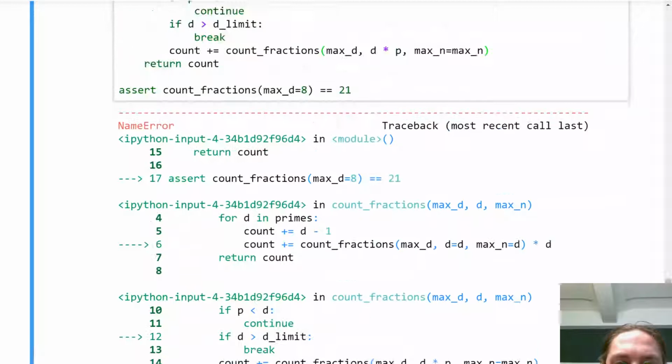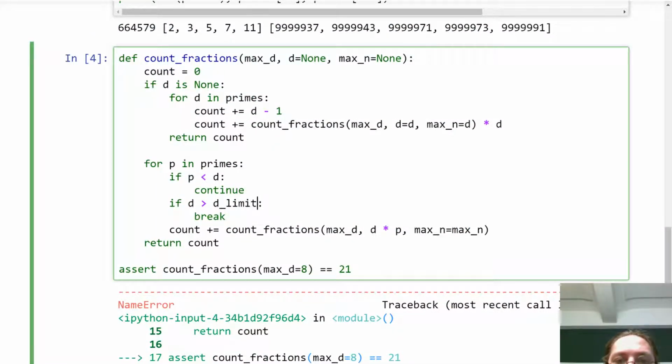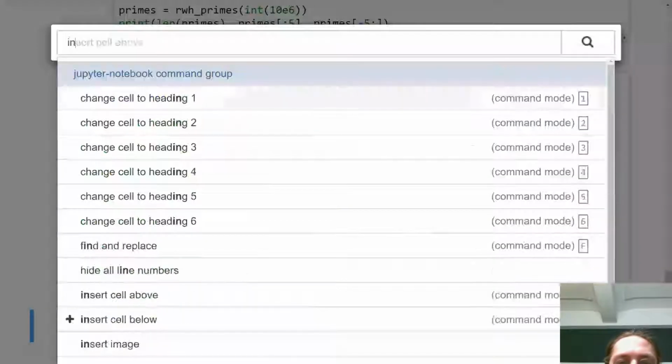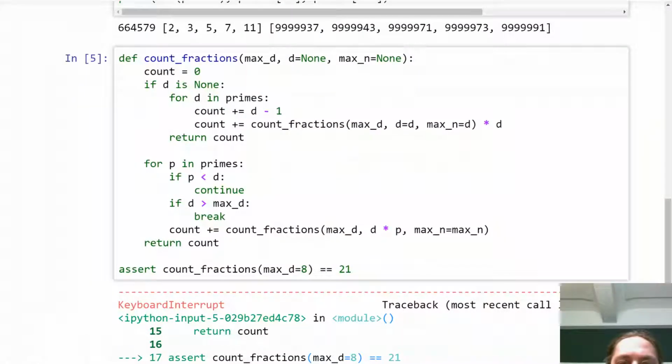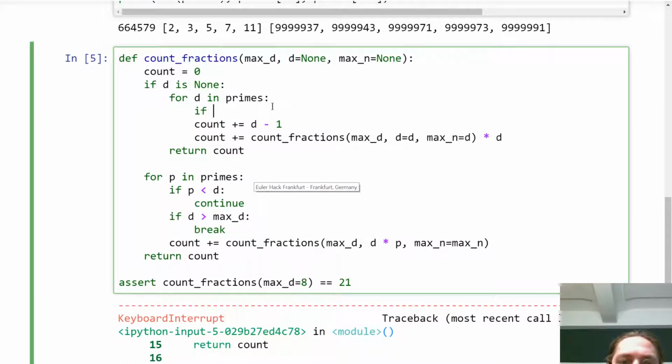No, that's for 15. For 15, 2 times the candidates of 5. Why not? It's 5 times the quantity of 3.